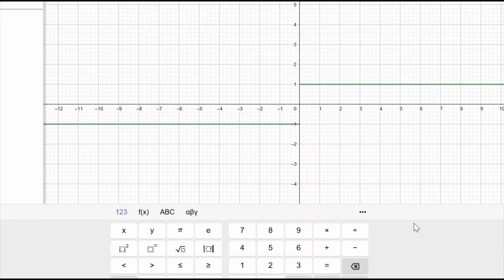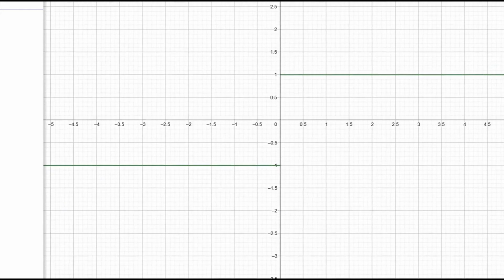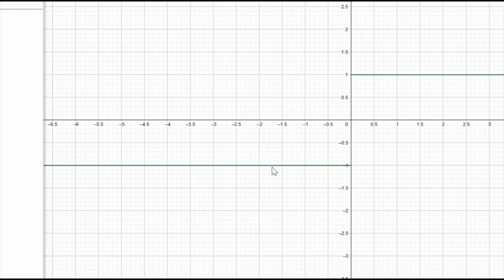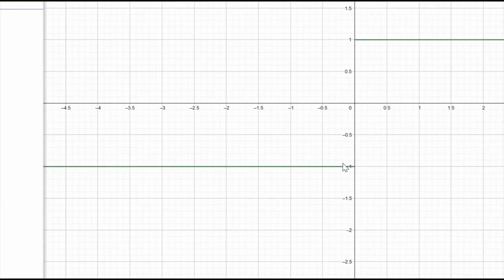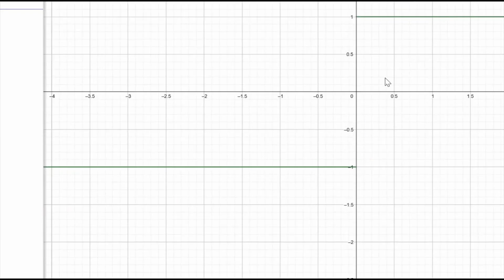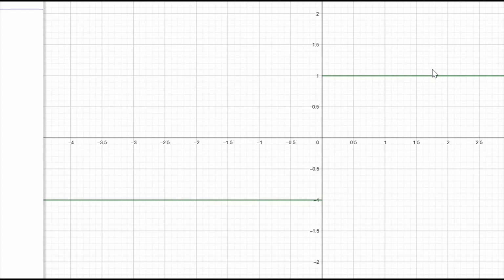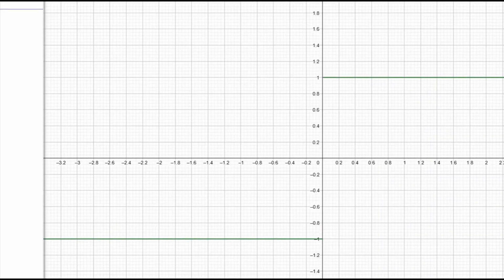As my x values tend towards 0, if I approach from the left hand side, I'm going to the value of minus 1. But if I approach from the right hand side, I'm going towards plus 1. So these two points are different. If I come from the left hand side, I'm going towards minus 1, and if I come from the right hand side, I'm going towards plus 1. These two are not equal, so my limit doesn't exist here.